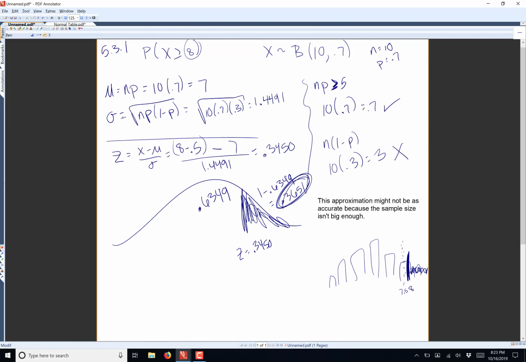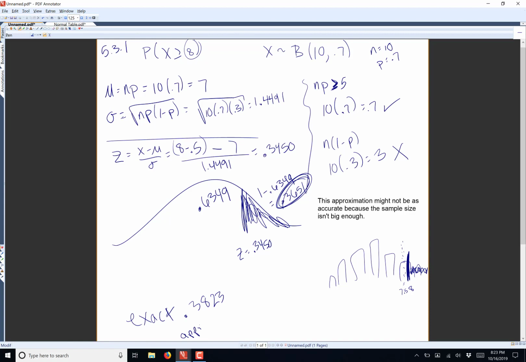Now, if you looked at the exact value, instead of doing this approximation, let's see what that was. So the exact was 0.3823.